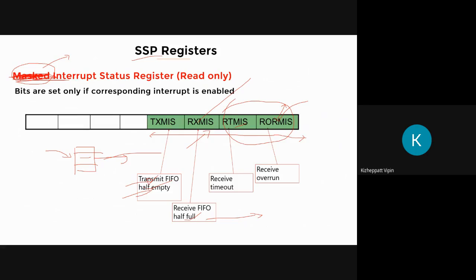What is it expecting you to do? For receive, it is saying okay, this is half full, read fast, otherwise it may overflow. Here it is saying your transmit FIFO is still half empty, so write more data. If you write more than half, that will go away.